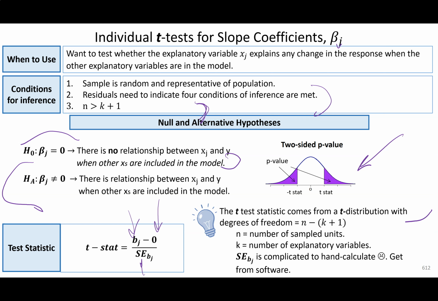And then once you get this t-statistic, you're going to use a t-distribution that has degrees of freedom equal to your sample size minus the number of explanatory variables plus 1. So you can think of it as n minus the number of explanatory variables minus your overall mean, kind of. That's what it's getting at.